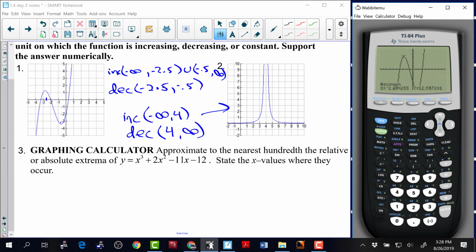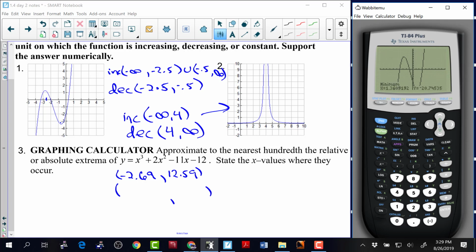We have the point negative 2.69, 12.59, and then we'll get this other point. Second, calculate a minimum, or number 3, and I can say it's between 0 and 3, and I'll guess it's at 2.